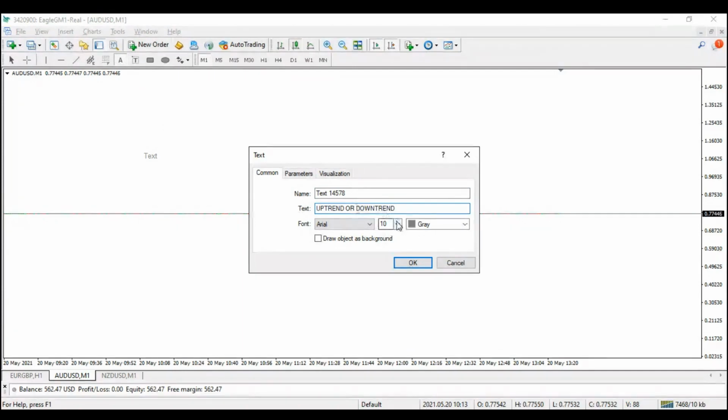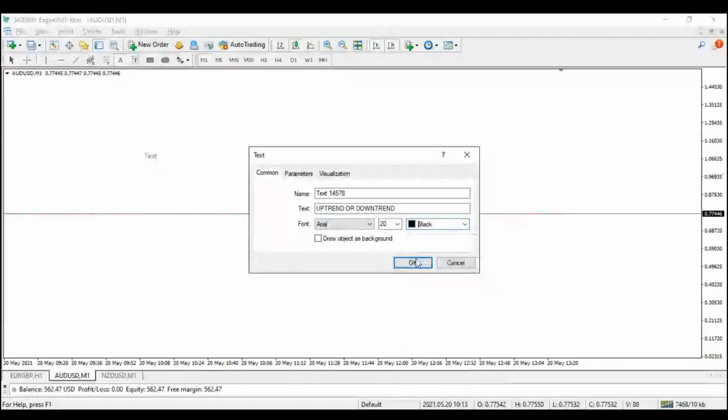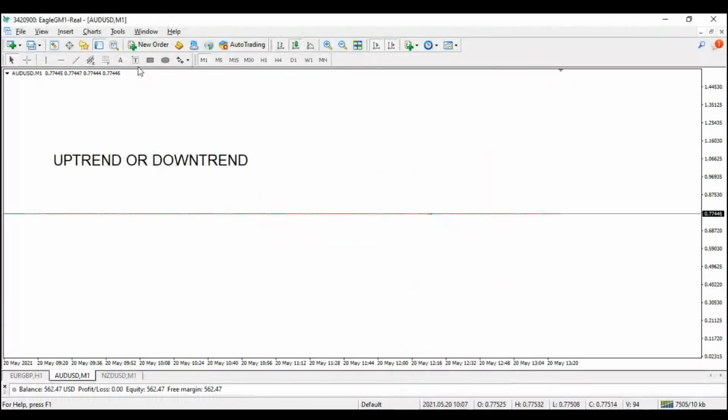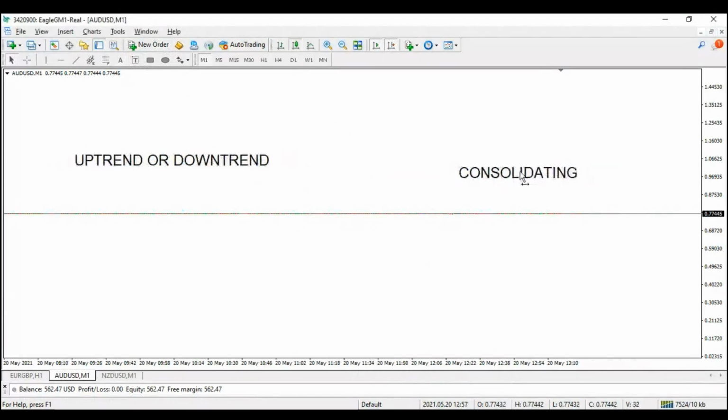That's just what it means. If price isn't trending, what it's just saying is that price is consolidating. Price isn't going up, it isn't going down, it's just moving sideways.